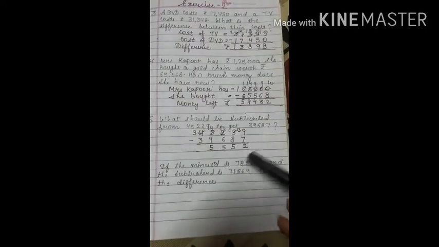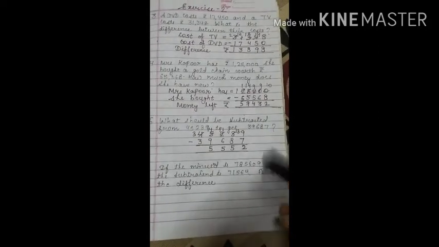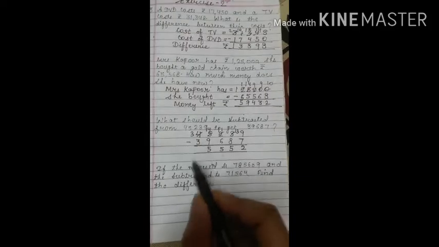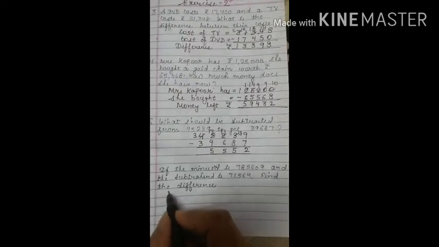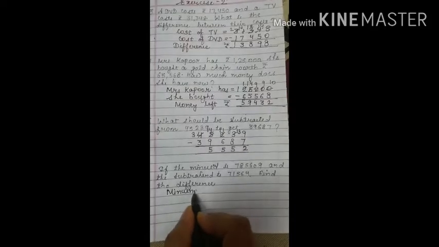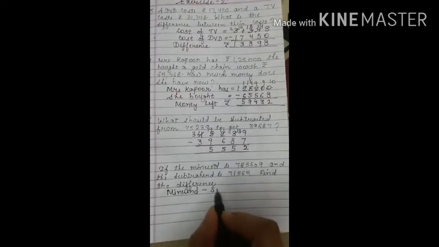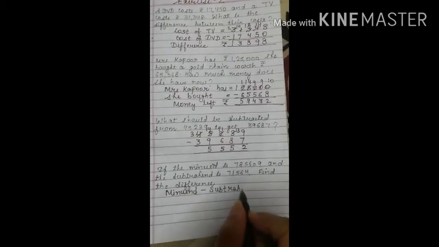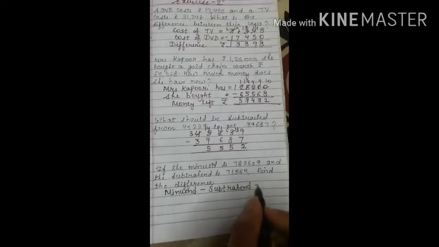Right? Now let us move towards the last question that I have written here: if the minuend is given and the subtrahend is also given, find the difference. This is very simple, because our formula is minuend, the number from which we are subtracting, minus subtrahend, the number that is being subtracted, is equal to difference.